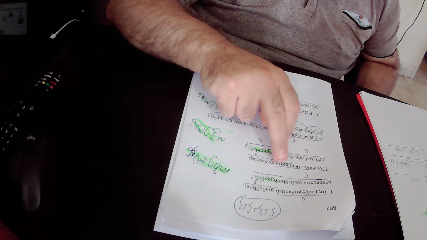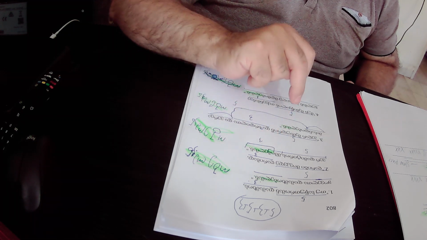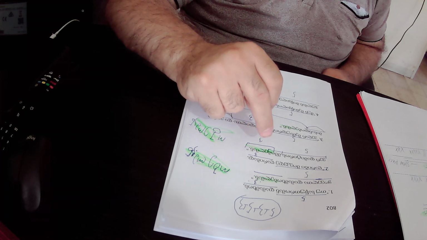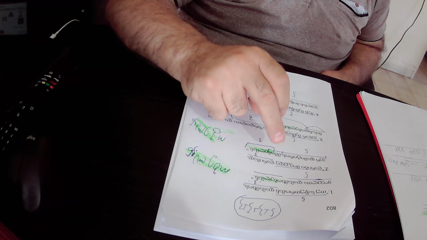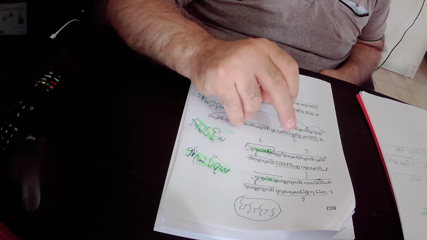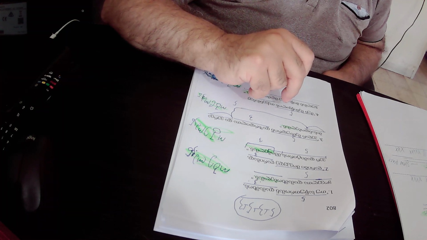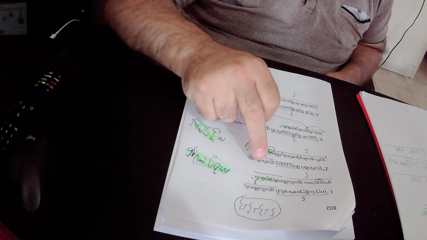And finally we have obelman. Obelman consists of 3 syllables. So in conclusion, you can say that line number 1 of stanza 802 is broken into 4 segments of 5 plus 3 plus 5 plus 3 syllables, and the rhyming is on the last 3 syllables of the last word.